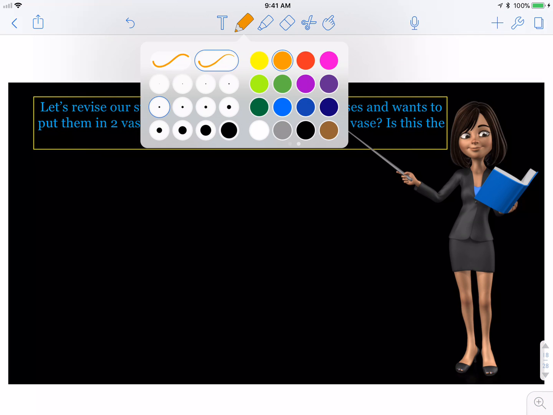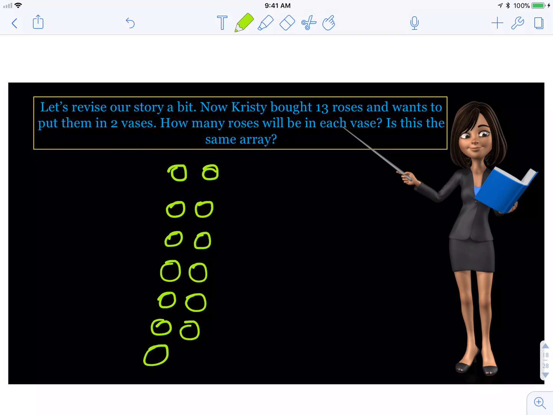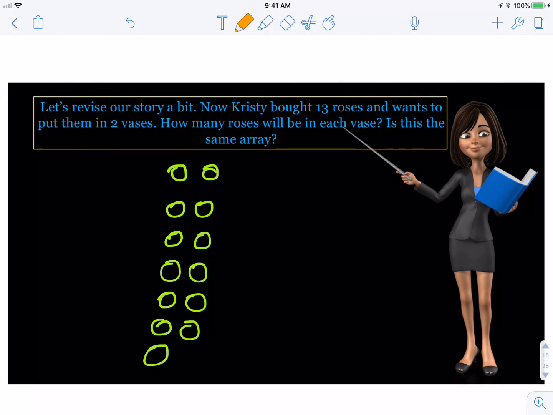Okay, if I were solving this, I would say we have 13 roses, 2 vases. So I'm going to have 2 in each row because those are going to represent my vases. So I'm going to go by 2s. 1, 2, 3, 4, 5, 6, 7, 8, 9, 10, 11, 12, 13. So we have our 13 roses, we have our 2 vases. How many roses will be in each vase?